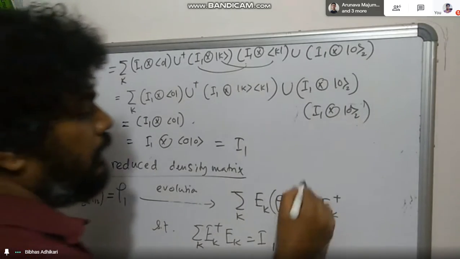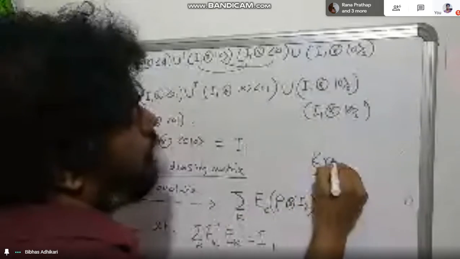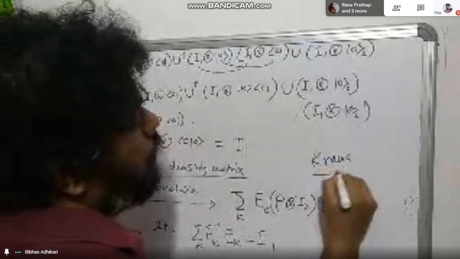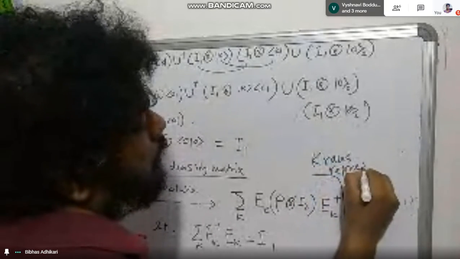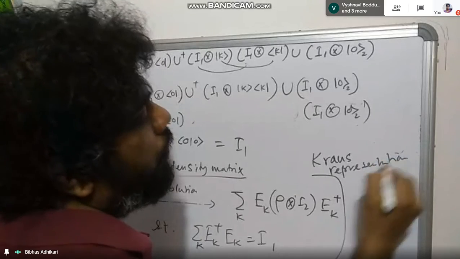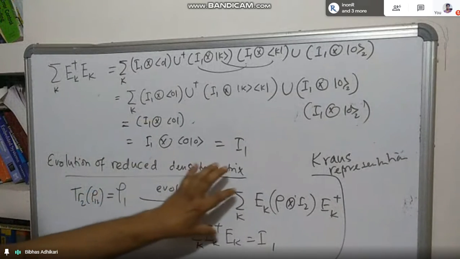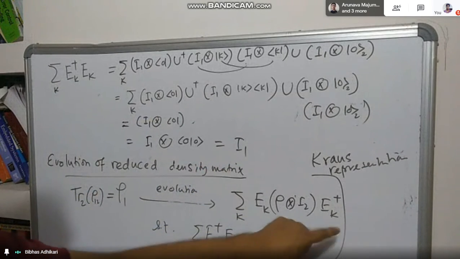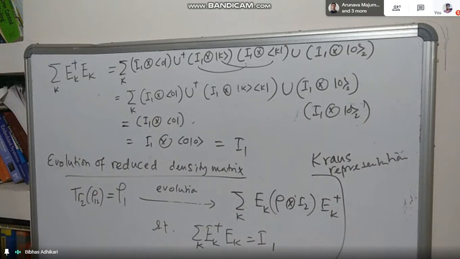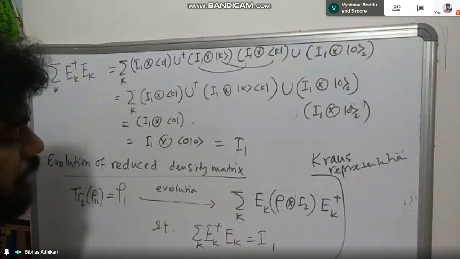And this is called the Kraus representation of a density matrix. So what is the evolution of the density matrix now? The reduced density matrix evolves this way. The E_k plus or E_k dagger are the matrices which define the evolution, and these matrices satisfy this property.